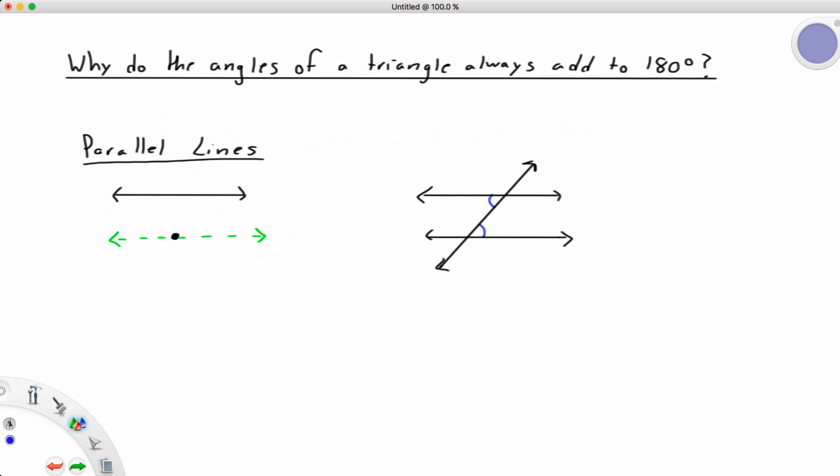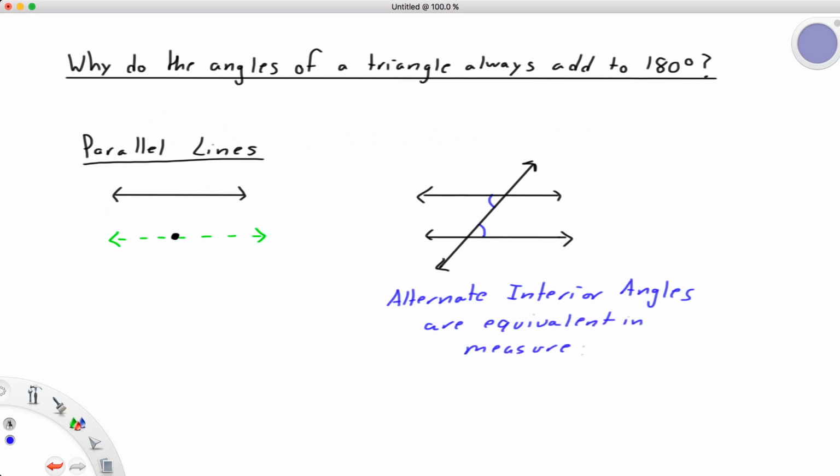And these are known as alternate interior angles. They are equivalent in measure. And so we're going to need to rely on both of these two facts in order to demonstrate that triangles will always add up to 180 degrees.